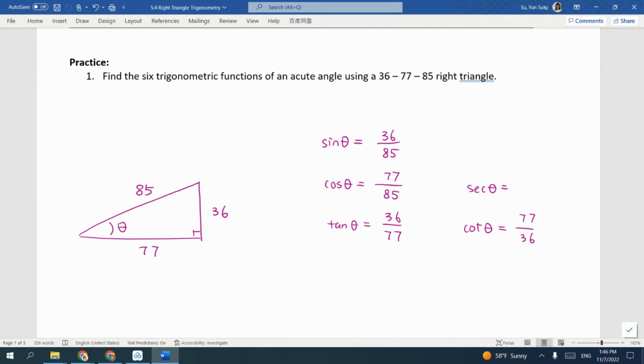Secant is 1 over cosine, so we get the reciprocal, 85 over 77. Cosecant is 1 over sine, so we get the reciprocal, 85 over 36. Right, everybody?